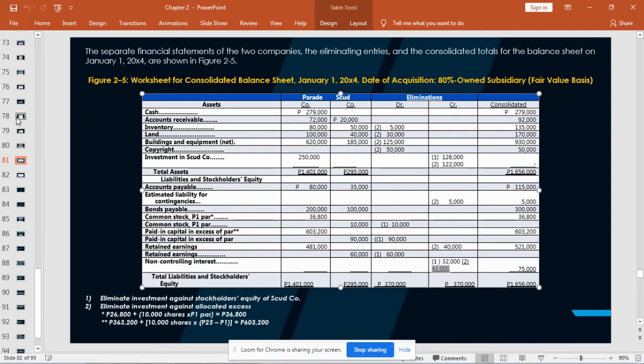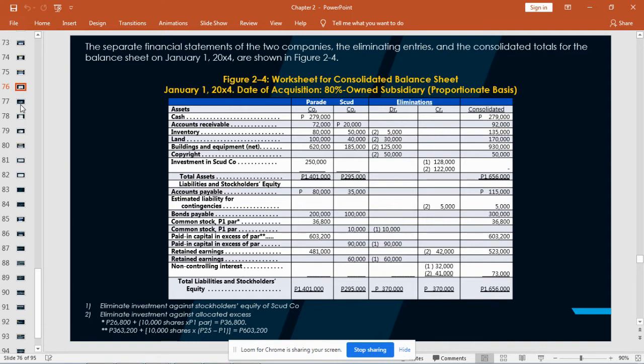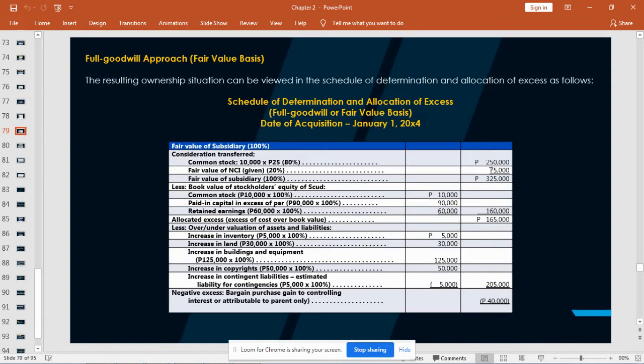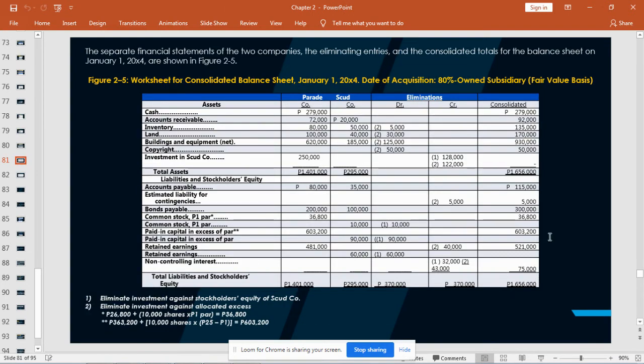So, kung titignan natin dun sa allocated excess kasi natin, ang basis natin in the computation is the fair value amount ng ating NCI. Right? So, dun sa ating consolidated FS, siyempre, total asset would be the same.